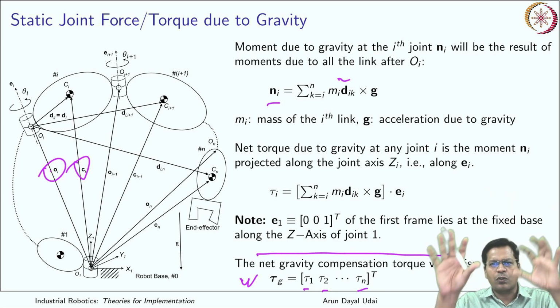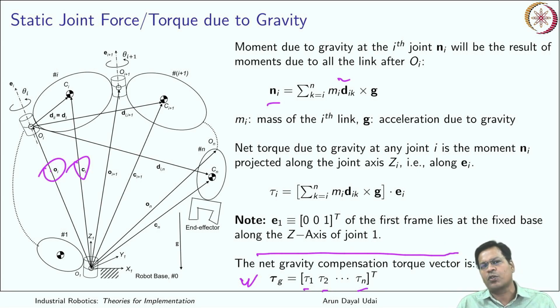You need to continuously take the feedback of joint angles, update your matrices and vectors, and update the new joint torques which are to be fed to the robot. That is how it is made dynamically stable. Any position you take, it is stable and will not move due to gravity. Got it? So that is what gravity compensation is.